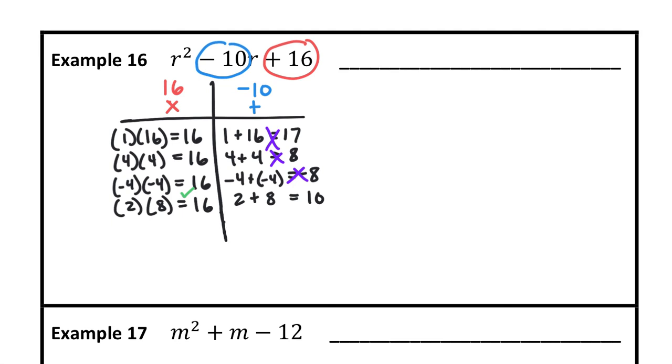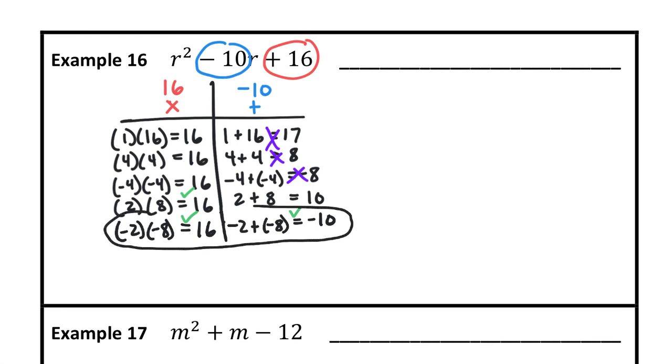So can I try negative 2 times negative 8? Yes, that's positive 16. And if I take those two numbers, negative 2 and negative 8, and I add them, that gives me negative 10. So I found my match. There's a lot of trial and error, but I found my match.